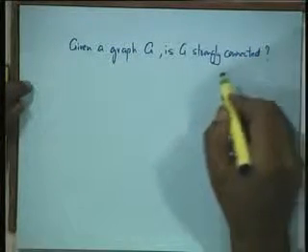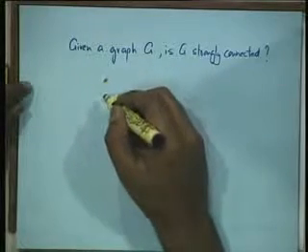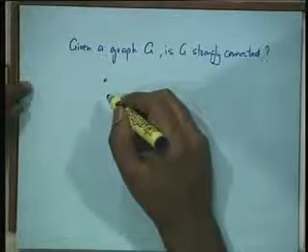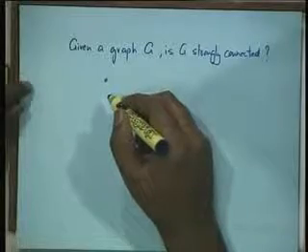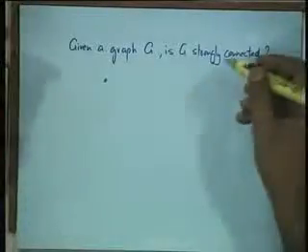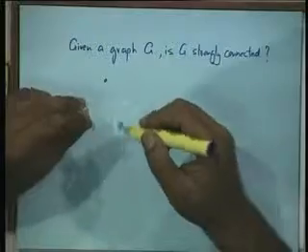So, what are you saying? We are doing a DFS starting from here. So we have to check. So, strongly connected means that we have to check that between every ordered pair of vertices, there is a path. So, from U to V there should be a path, and from V to U there should be a path.